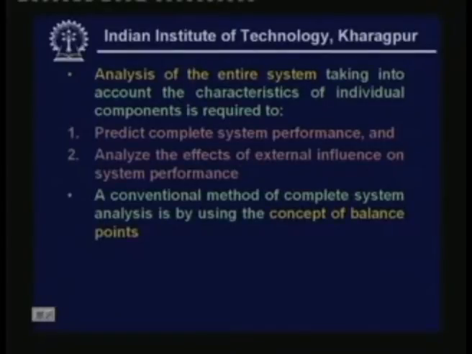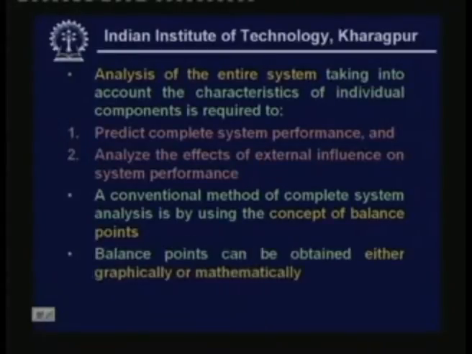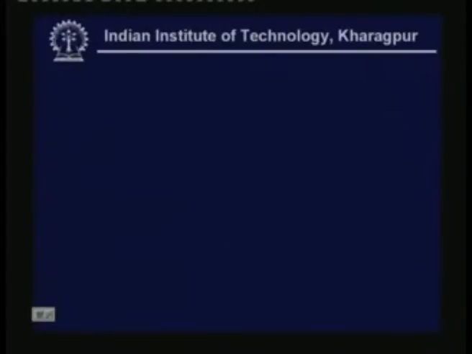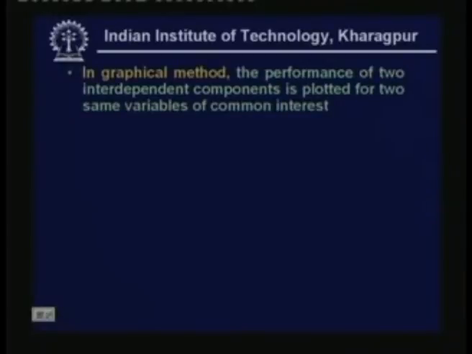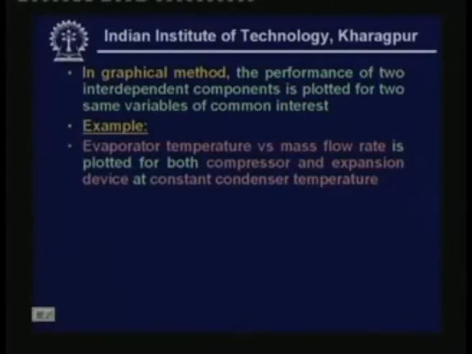A conventional method of complete system analysis is by using the concept of balance points. Balance points can be obtained either graphically or mathematically. In graphical method, the performance of two interdependent components is plotted for two same variables of common interest. Let me give an example. In fact, we have used this while discussing expansion devices.